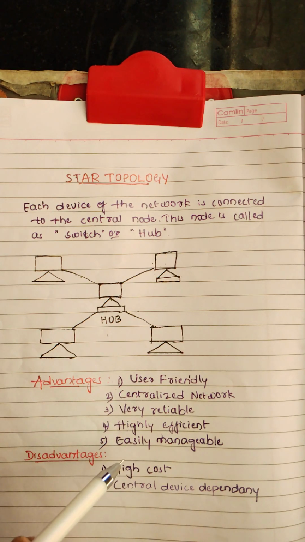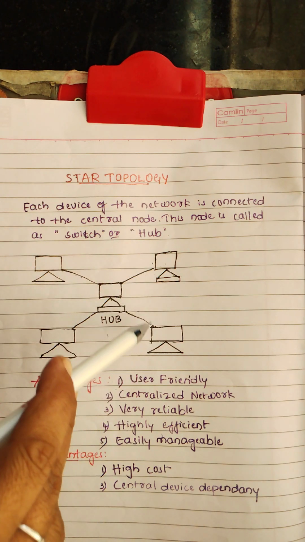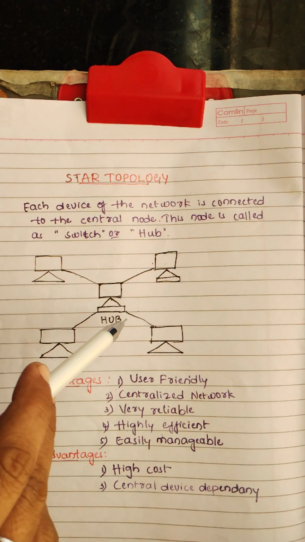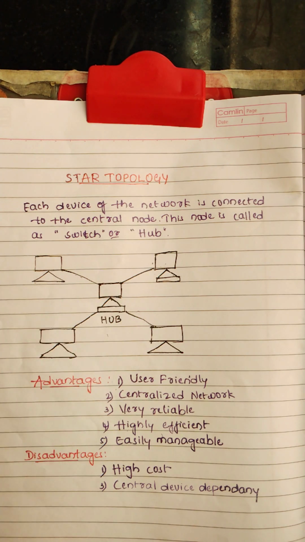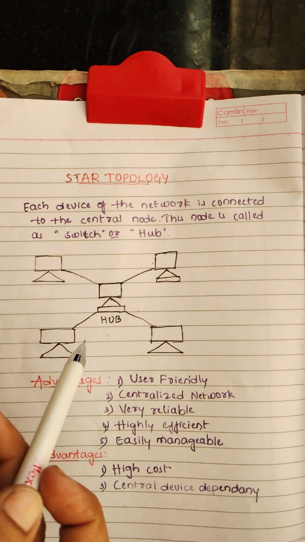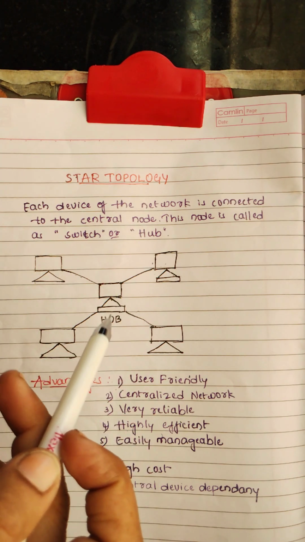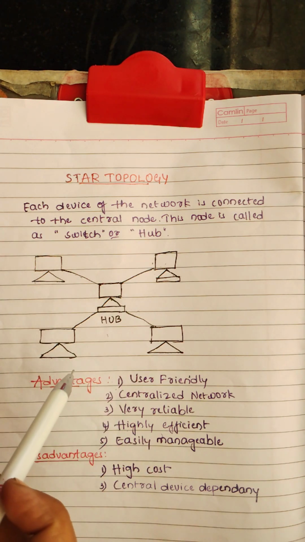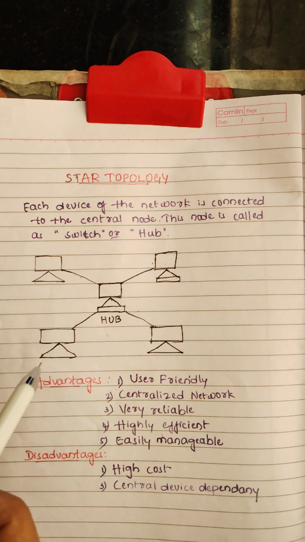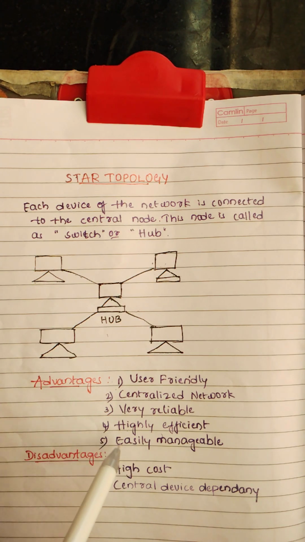And the fifth one is that it is easily manageable. It means that if any one of the machines or any of the cables fails, then we can easily detect the fault, where the fault is, which machine is not working, which cable is damaged. For that reason we said it is easily manageable.